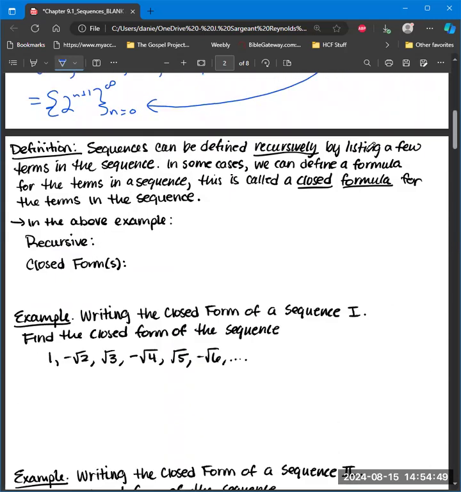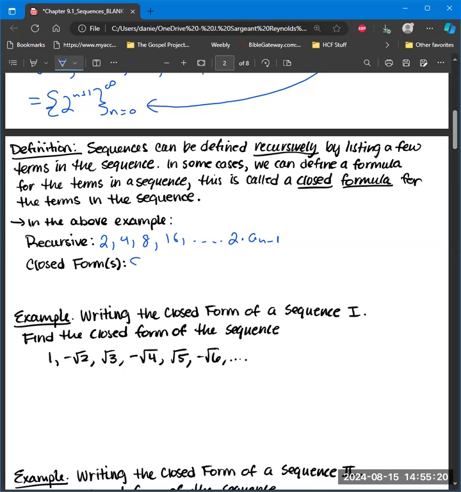So in the above example, we've recursively said 2, 4, 8, 16, and I can see that each time I'm taking the previous value and multiplying by 2. So I could think of that as each term being 2 times the previous term. That's recursive.